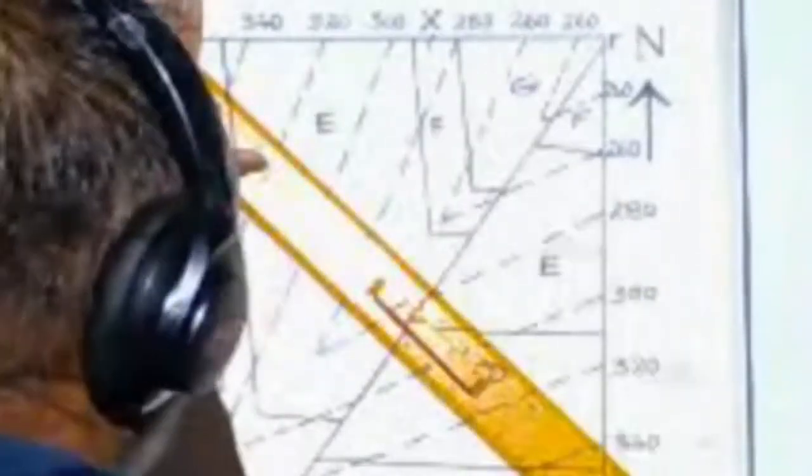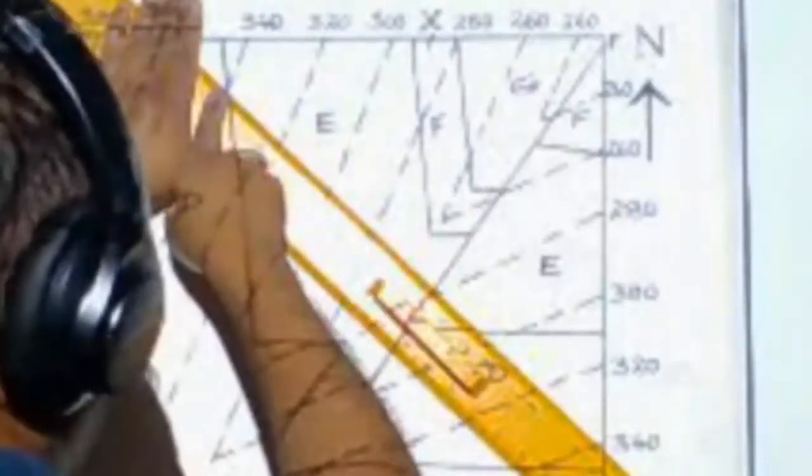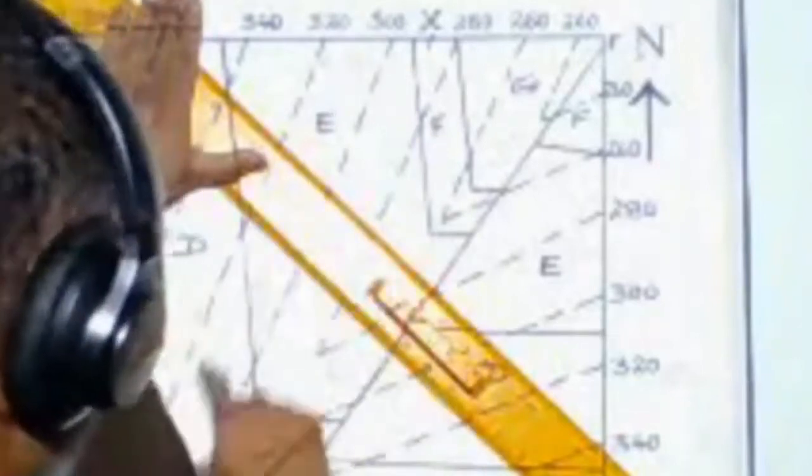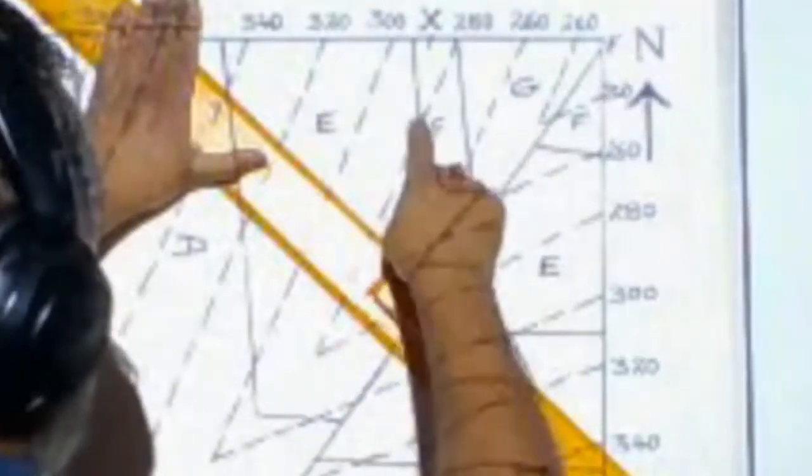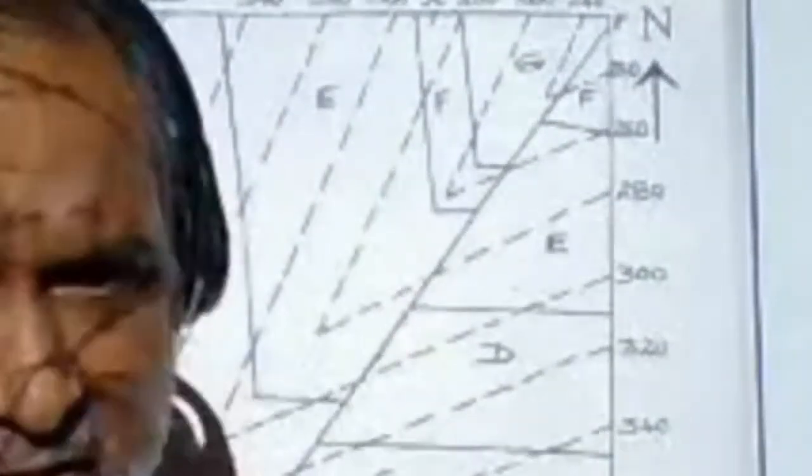For this, what we have to do? Draw the strike lines, and what is the value here? 340. Next, you are going against the dip. Dip is this side. So 340 will become 360, 380, and now 380. You have to do 380 minus 280, so that will be the difference. This is the way you have to use the strike shifting method.